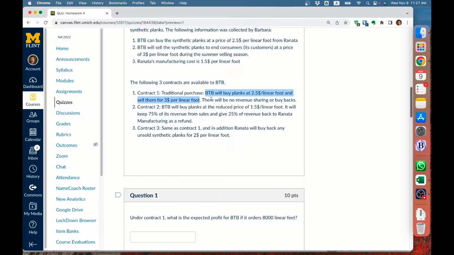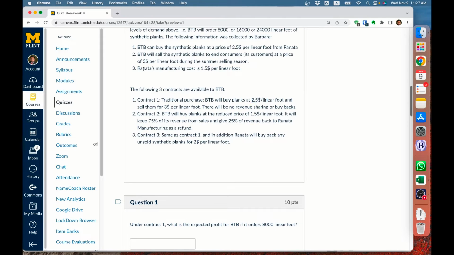And the manufacturer's revenue is going to be based on what the retailer pays the manufacturer. So manufacturer's revenue is going to be $2.5 per linear foot. Notice that the manufacturer's cost is $1.5. So in the traditional contract, the manufacturer is going to have $1 of profit left over.